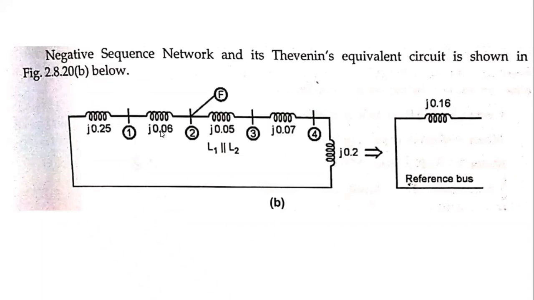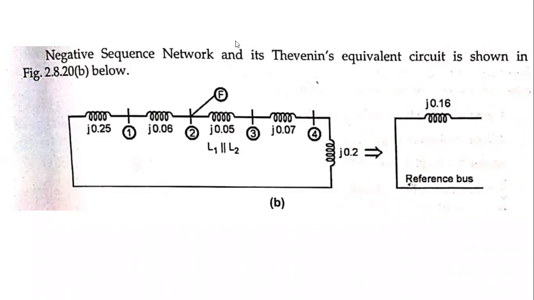And this is the transformer 1 and this is the transmission line. Both the transmission lines are connected in parallel. And this is the transformer 2 and this is the generator G2. Therefore the fault will be obtained at this point.